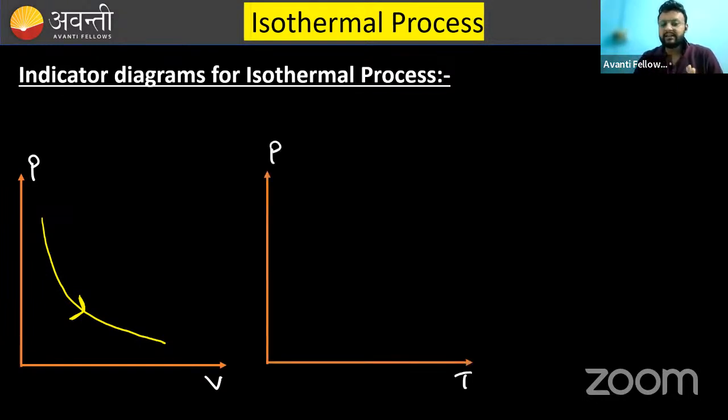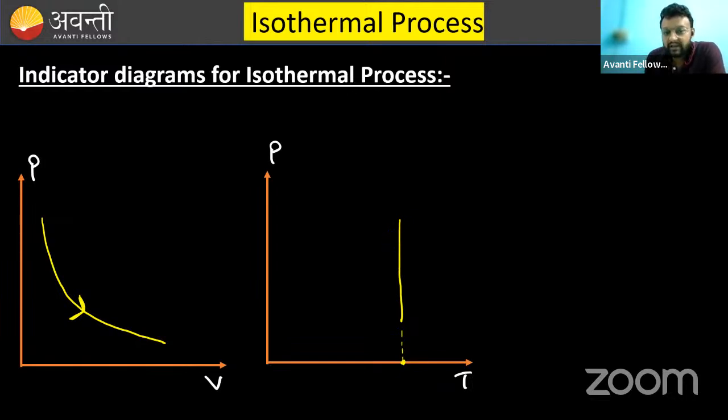Next graph is P against T. So temperature is going to be constant now. So I will draw the graph something like that. In this line, temperature is constant. You can see it will have the same value as this point.